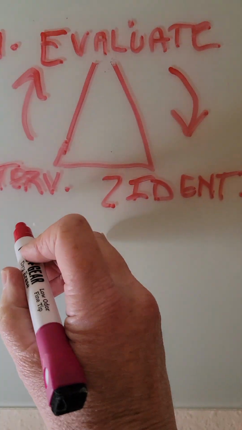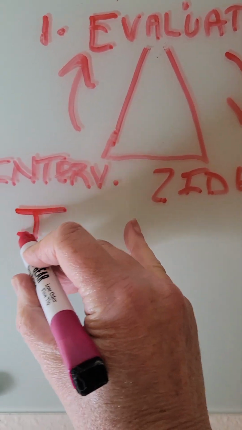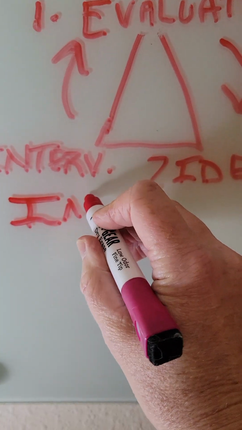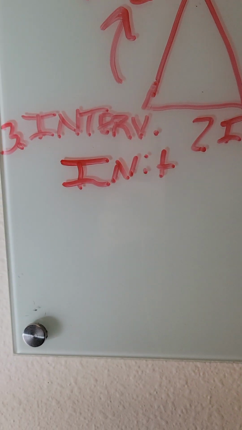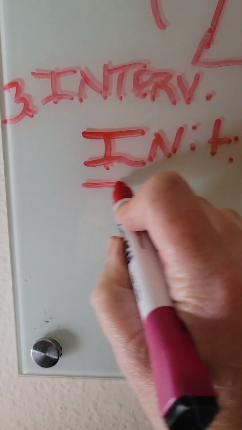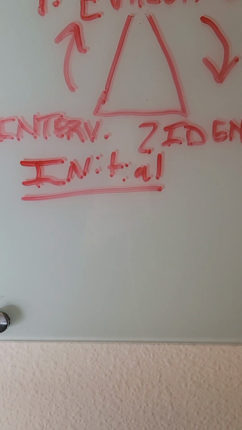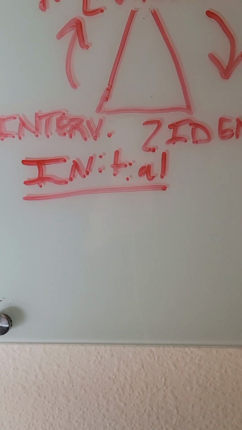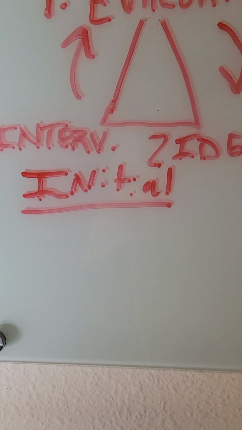Makes sense, right? So we're just going to go ahead and write initial assessment. Basically right here is where we start. It's what we can see, it's what we can hear upon entering the room where our patient is located.